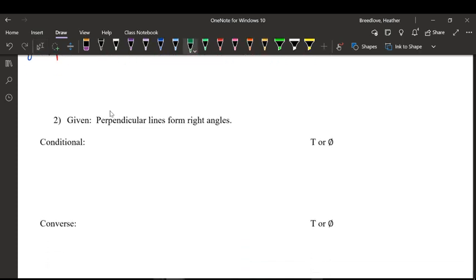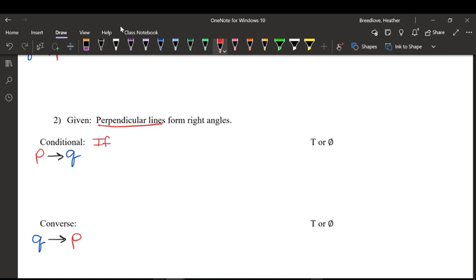Given: perpendicular lines form right angles. So the first thing I want to do is make a conditional statement, if P, then Q. And then I'm going to make a converse statement, if Q, then P. So if P, I'm going to talk about perpendicular lines.